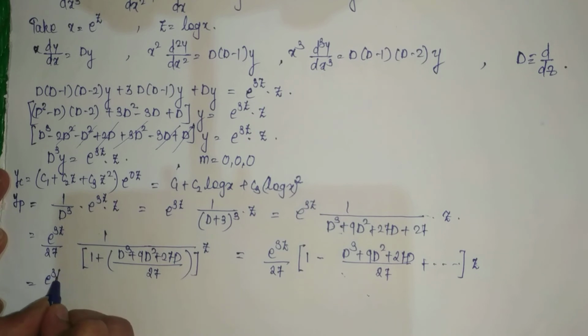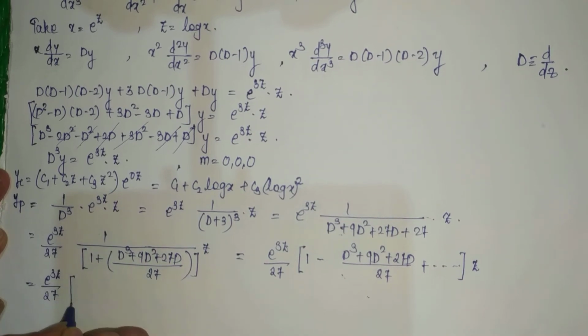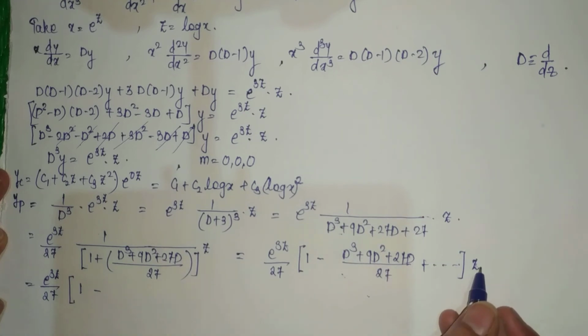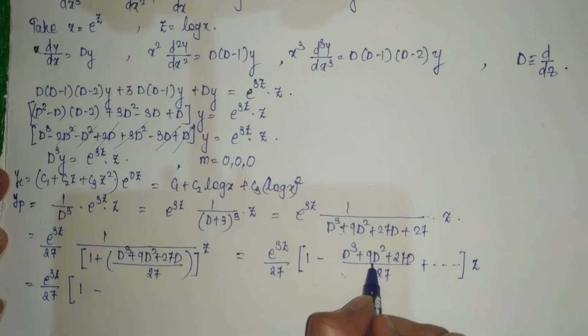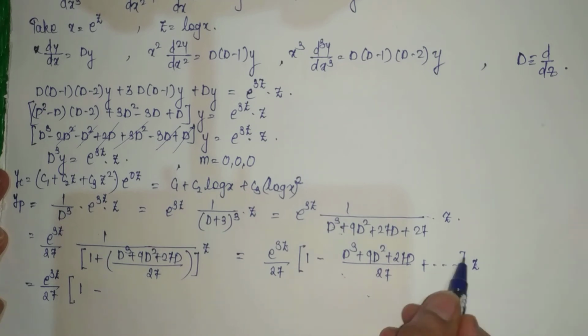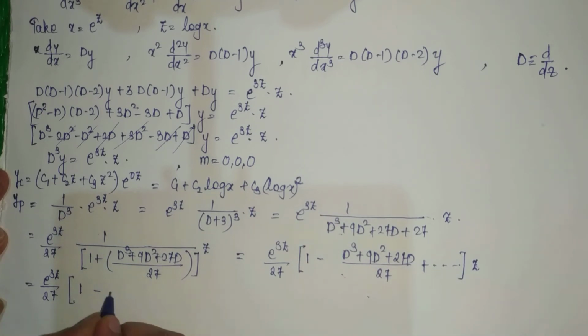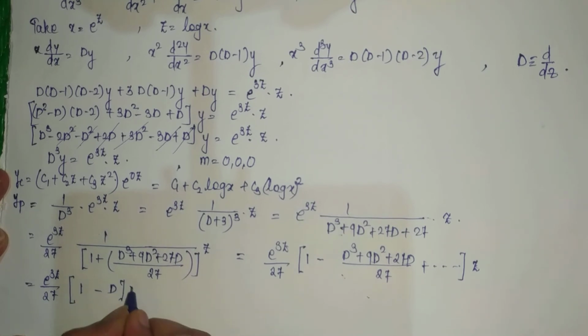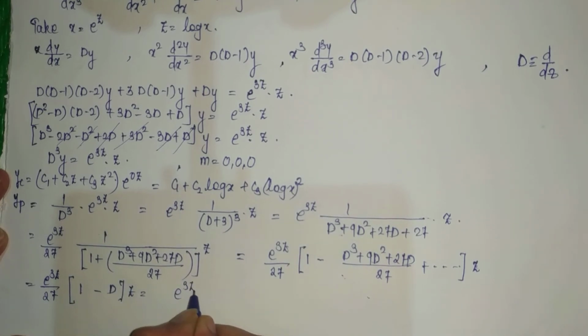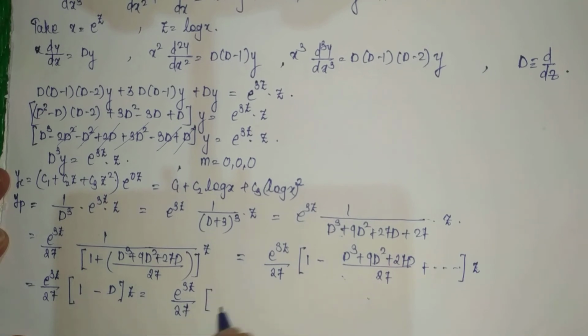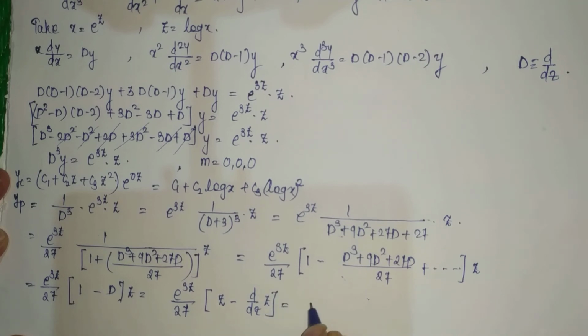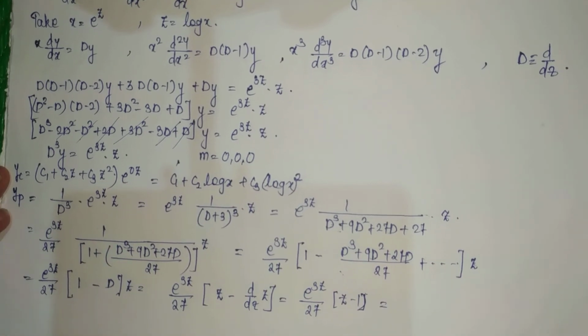Now let us see, e^(3z)/27 [1 − ...]. D³ over z, the third order derivative, which we don't want because it goes 0. Second order derivative also vanishes. So the remaining part is 27D/27, which is just D over z. So let us simplify it. z − d/dz of z, that means the first order derivative. So it is just z − 1. Now replace z in terms of x.